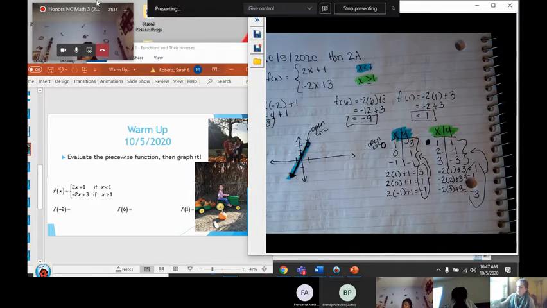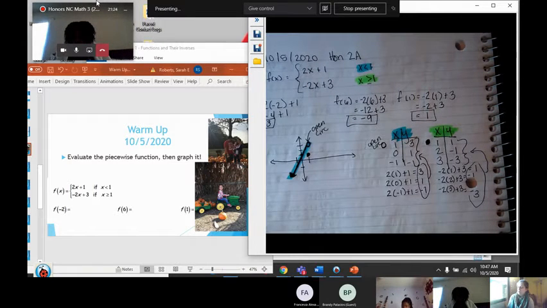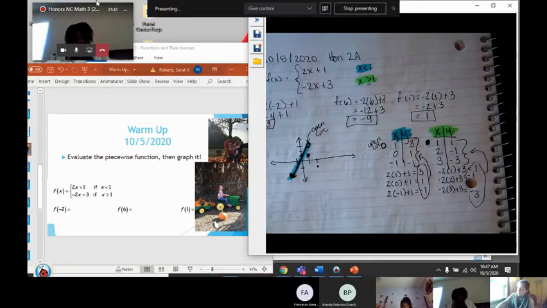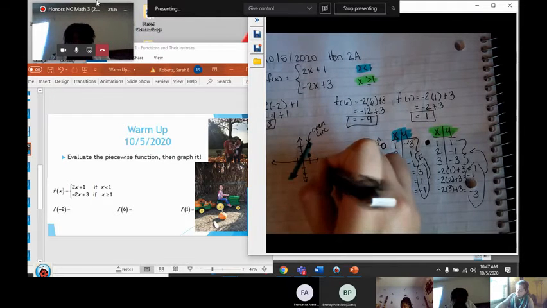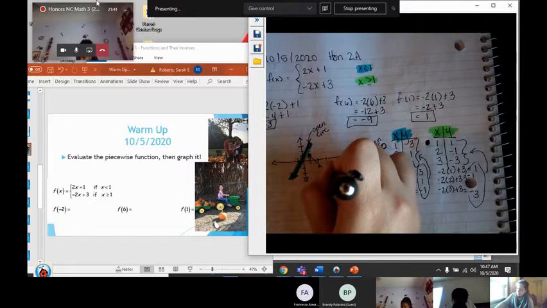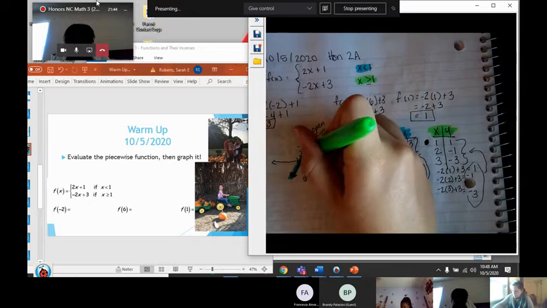Then for the green, we have a closed point at 1, 1. So I'm going to put a big closed dot right there to show that that part is there. Then we have a point at 2, -1 here, and a point at 3, -3. And that is our green function.